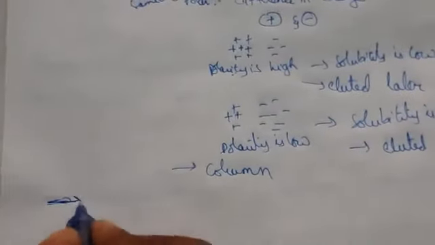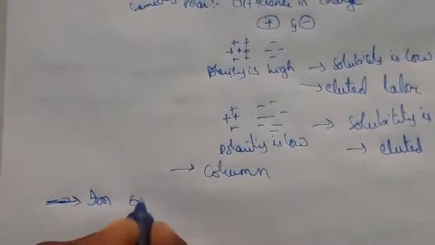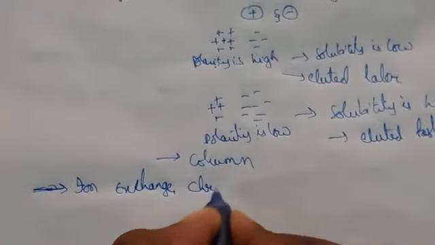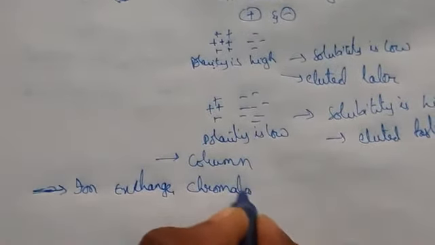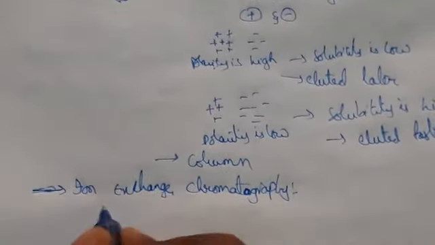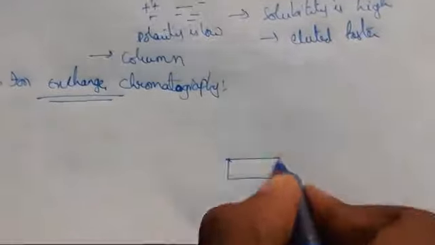And coming to the next one, we have ion exchange chromatography, as we have seen in the previous class. What happens in ion exchange chromatography? Suppose a matrix, a resin, is present.